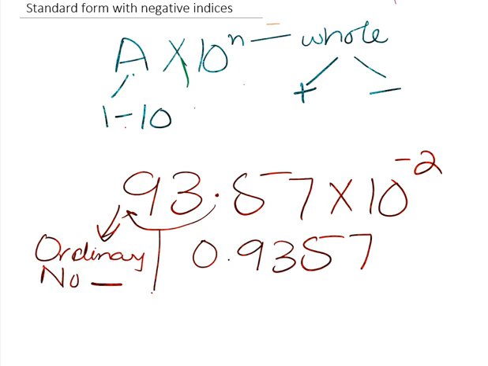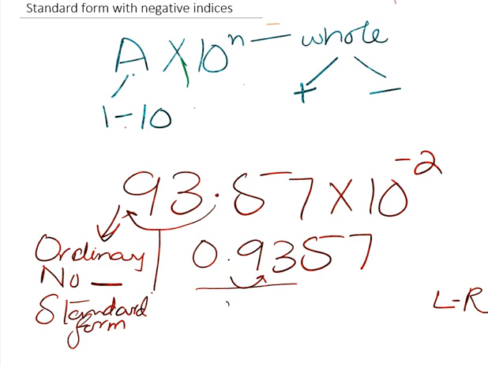And now we can easily convert this ordinary number into standard form. To make the first number between 1 and 10, we need to move the decimal point one place to the right. And when you move from left to right, you need to use negative powers.